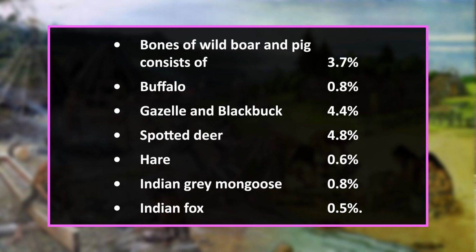The bones of wild boar and pig consist of 3.7%, buffalo 0.8%, gazelle and black buck 4.4%, spotted deer 4.8%, hare 0.6%, Indian grey mongoose 0.8% and Indian fox 0.5%.